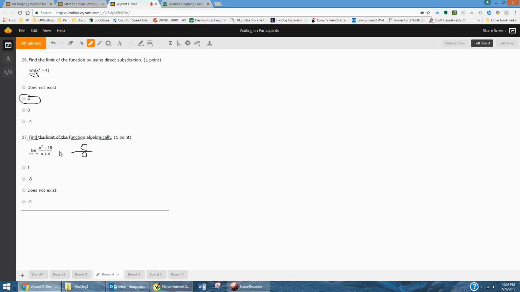So I'm thinking maybe there's a way to rewrite this. And there is. X squared minus 16 can be written as x minus 4 times x plus 4, all over x plus 4. I factored that numerator.